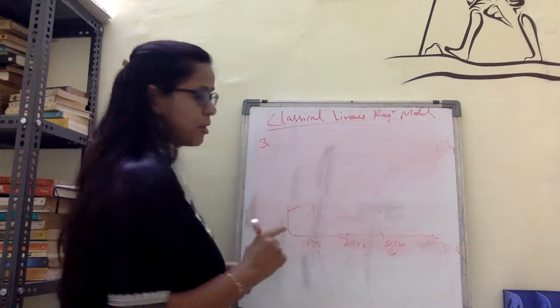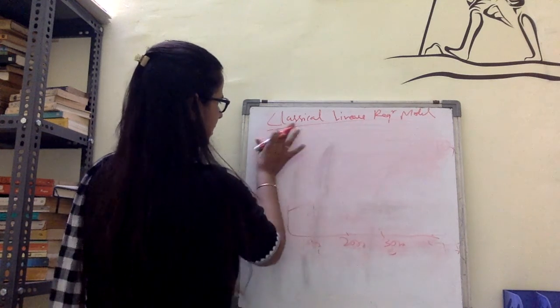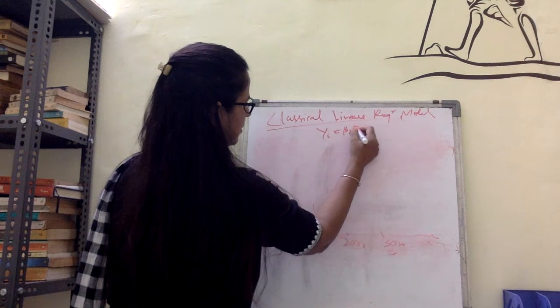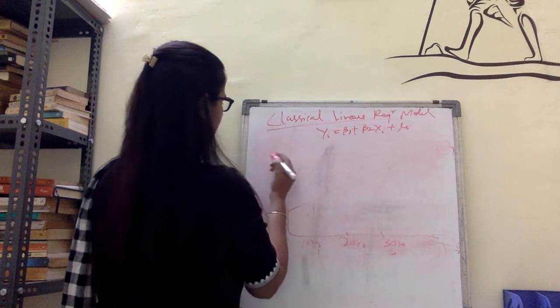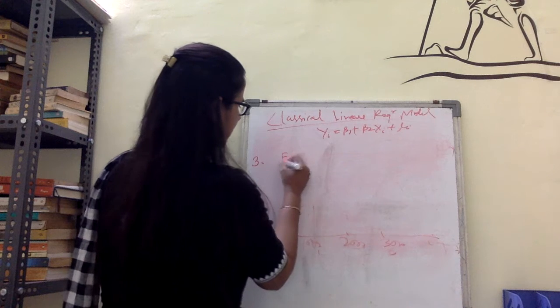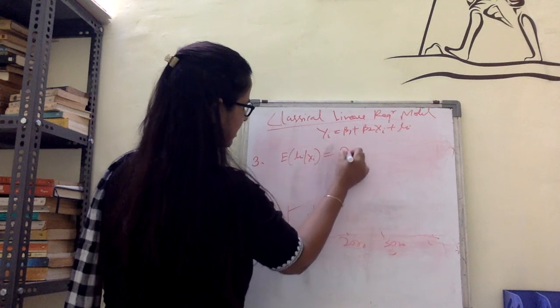Third is about the error term. Let me write the equation. So assumption number 3: expected value of the error term given some value of the independent variable is 0.